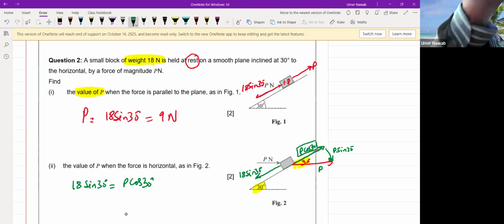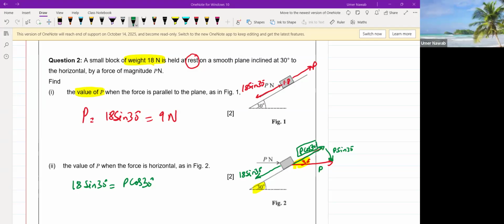Use equation solver: 18 sine 30 equals sine P, you will replace it by X in the calculator, times cosine of 30, close the bracket, shift solve, and we got our answer 10.4 newtons.